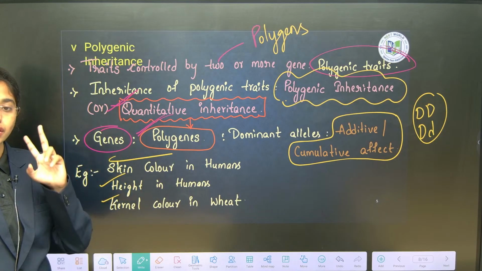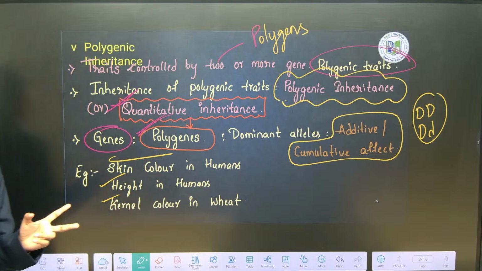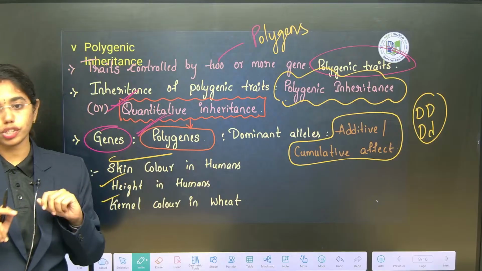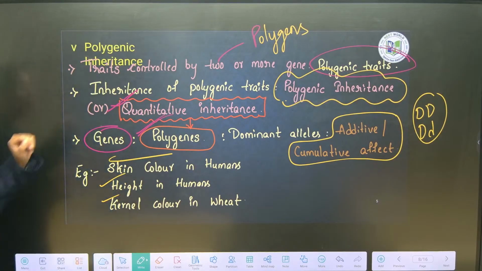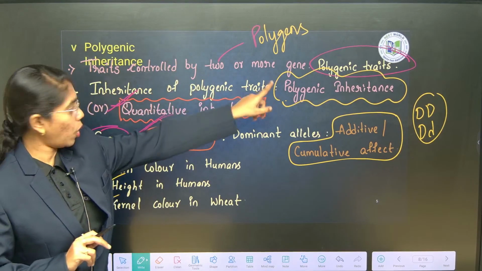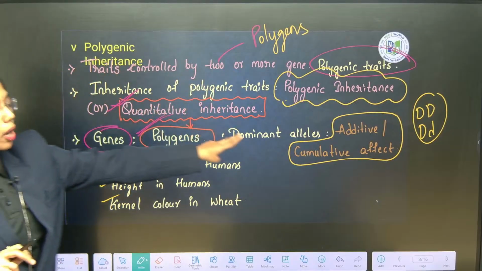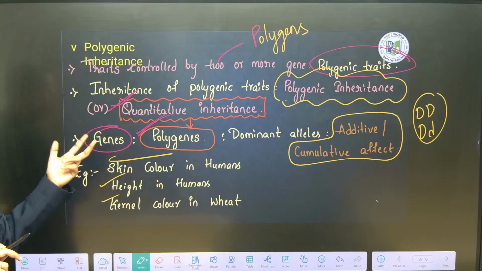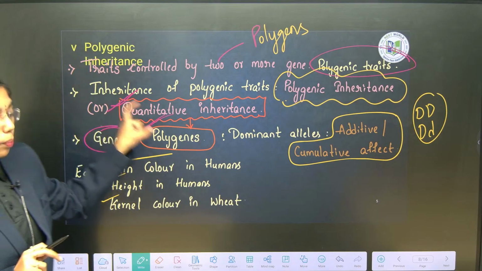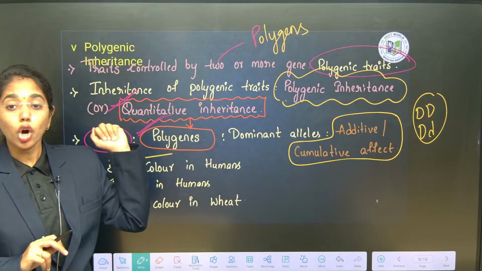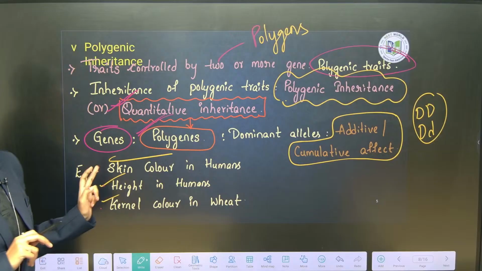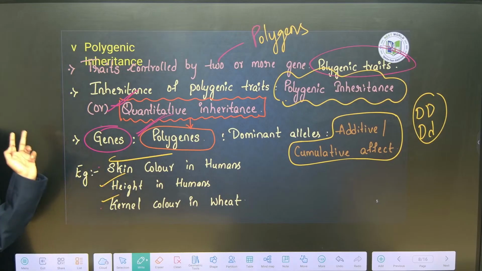There are not just two variations expressed, many variations are seen. So traits are known as polygenic traits, inheritance of polygenic traits is polygenic inheritance, also known as quantitative inheritance. Genes are polygenes, and this will show additive or cumulative effect. Examples include skin color, height and kernel color in wheat. Take down, quick. Already there, very good.